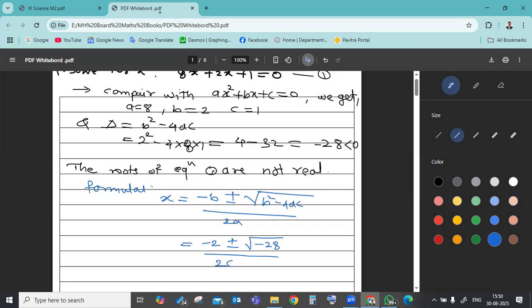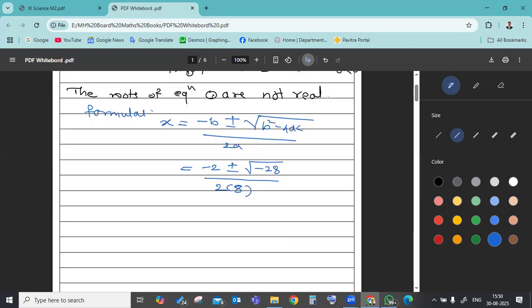What is a? 8, right? So x equals minus 2 plus root minus 28 upon 16, or minus 2 minus root minus 28 upon 16.